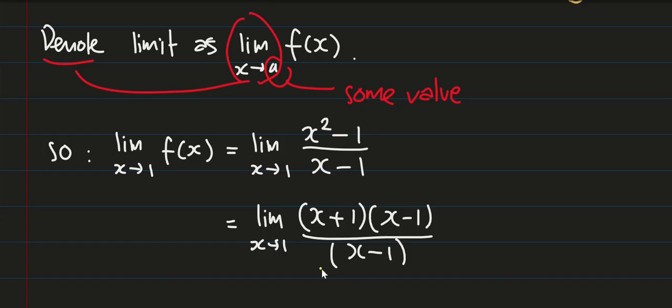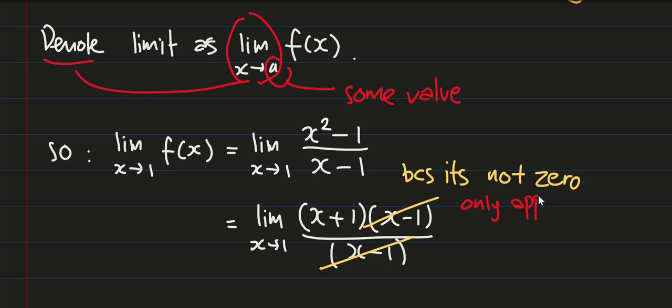By the quadratic, we can cancel out this factor because it's not 0, it's only approaching 0. Of course, we can rewrite this as approximately 1.0001 because it's very, very small but not 0.